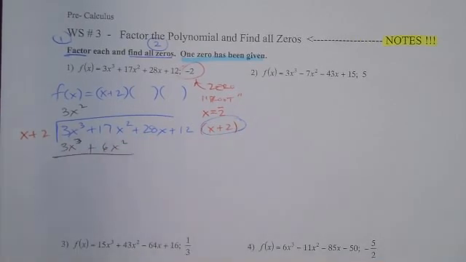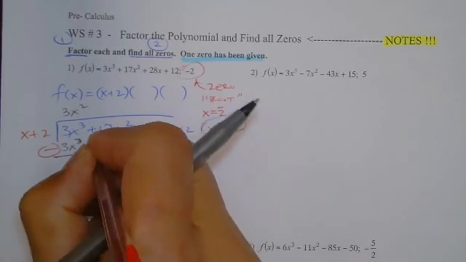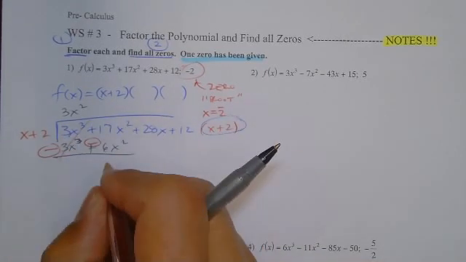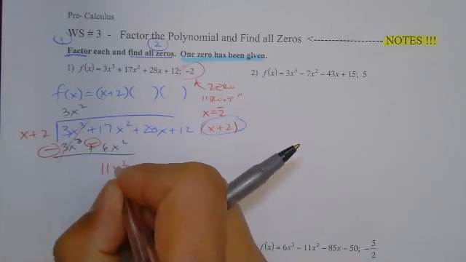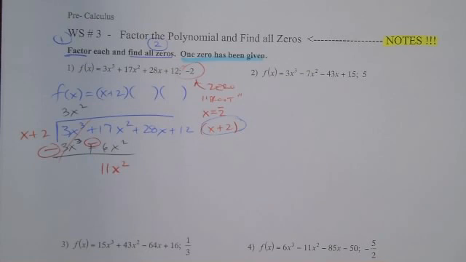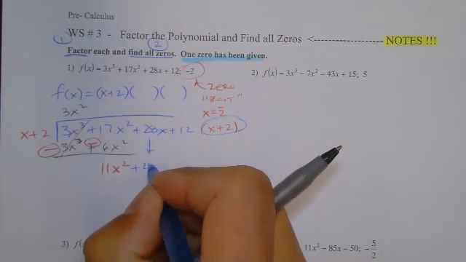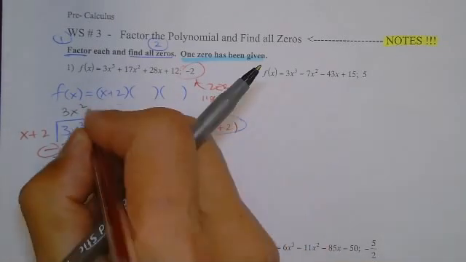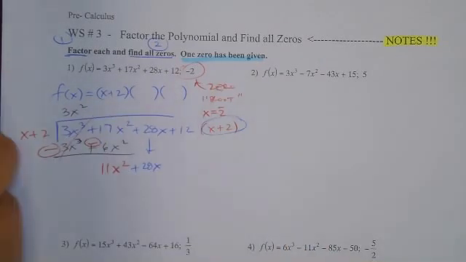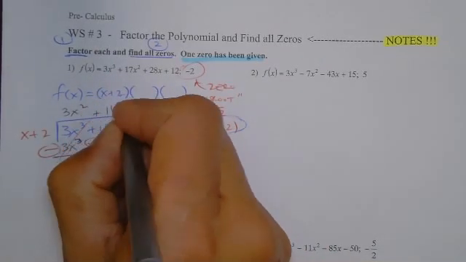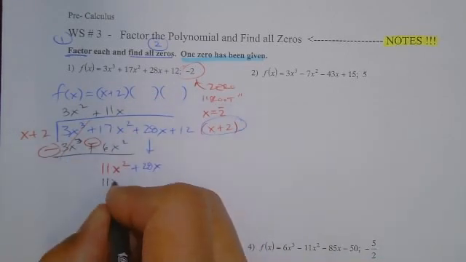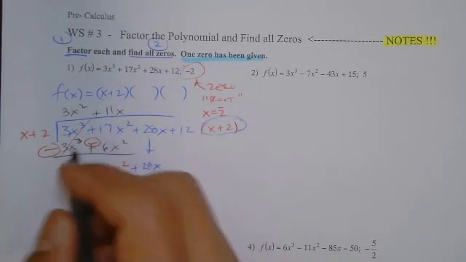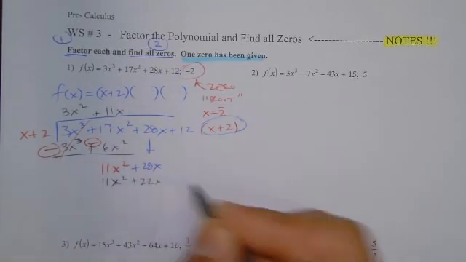Change the signs because you subtract. That'll be 11x squared left over. We'll drop the next one and continue the process. So that's plus 11x, that'll give you 11x squared plus 22x.